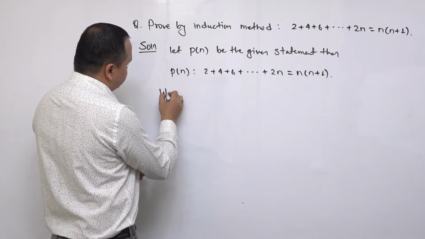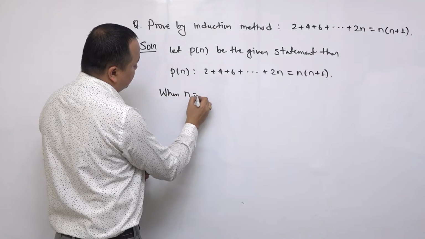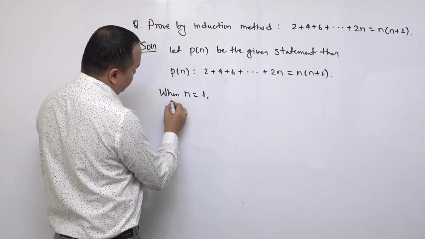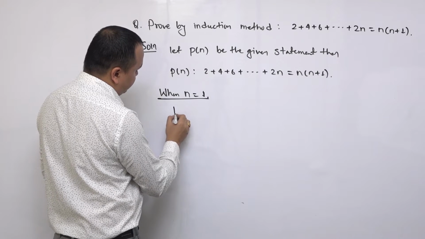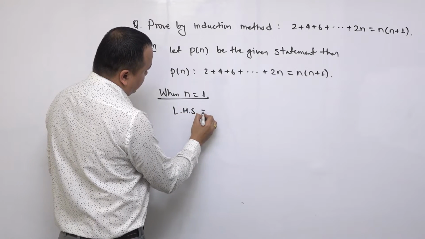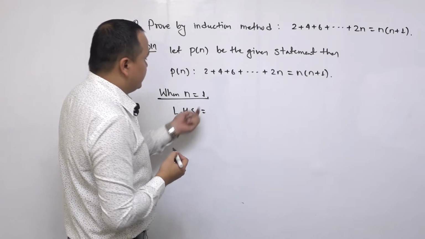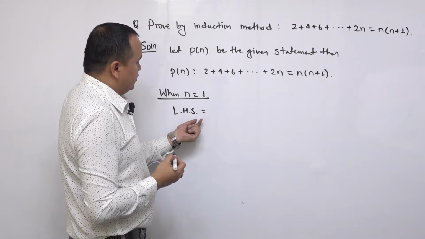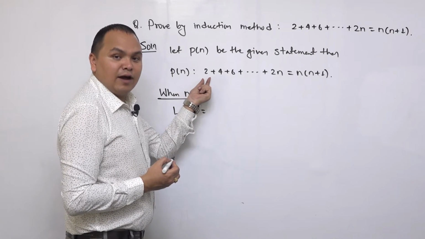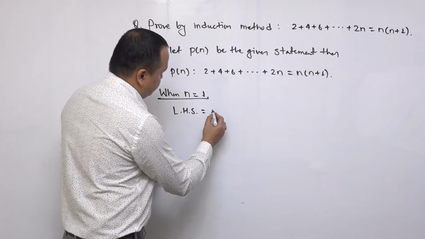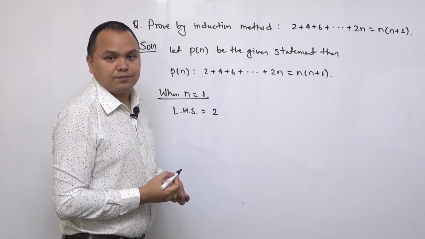When n is equal to 1, the left hand side, our T1 is 2. So left hand side becomes 2.